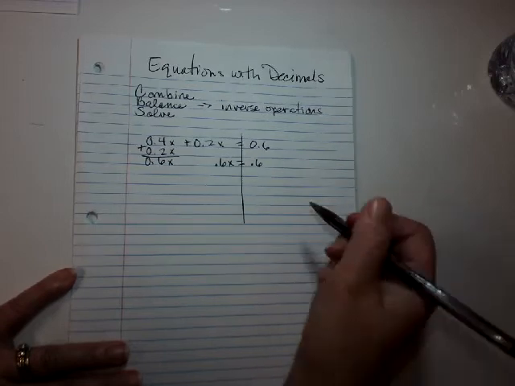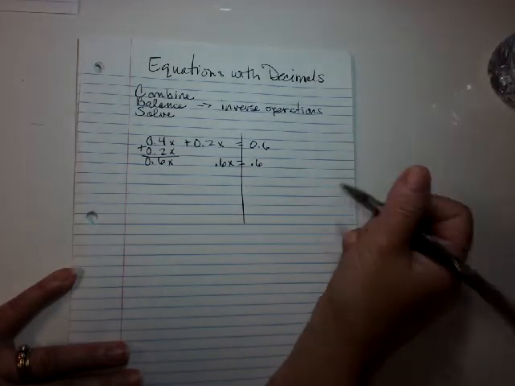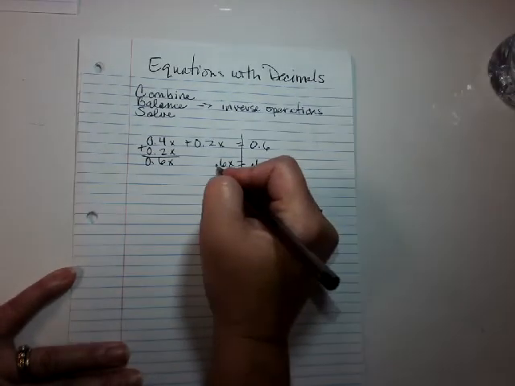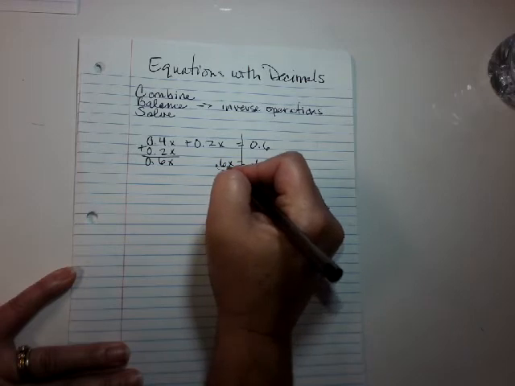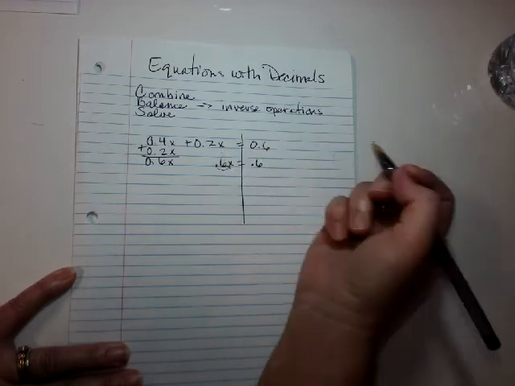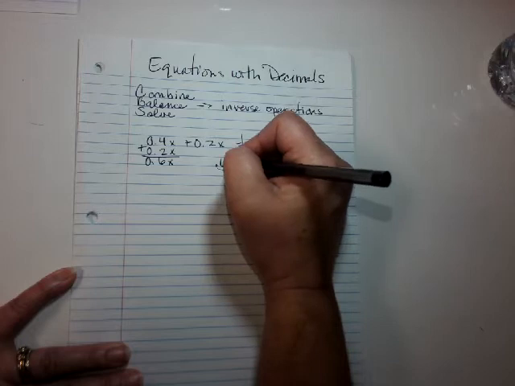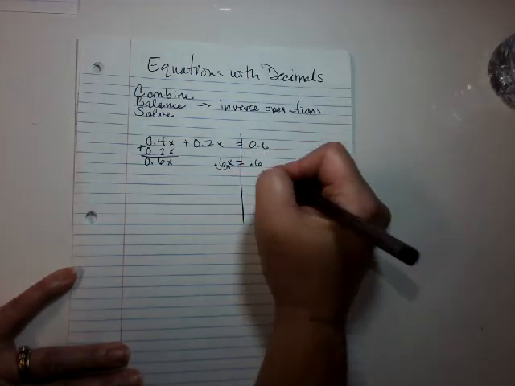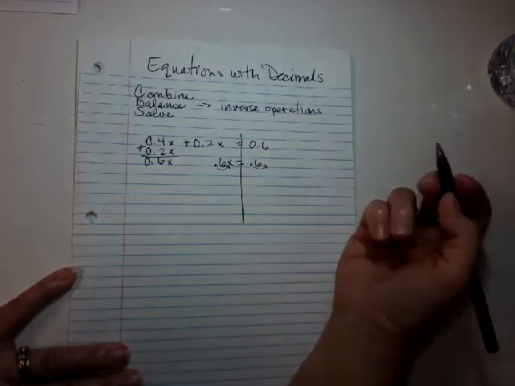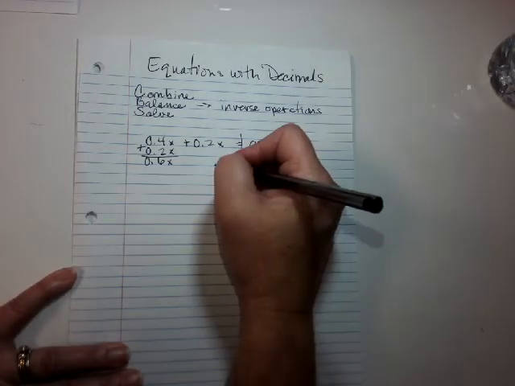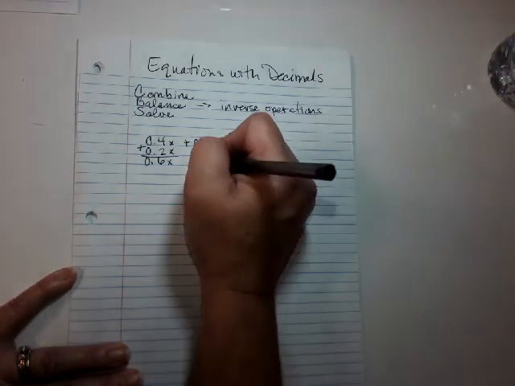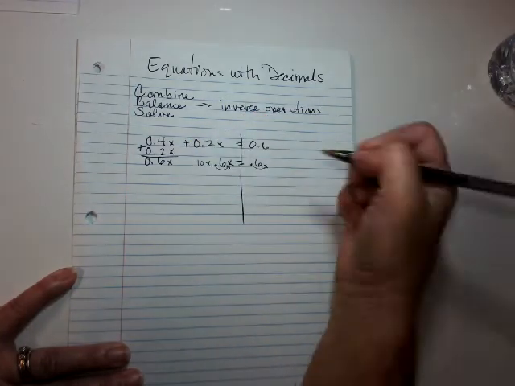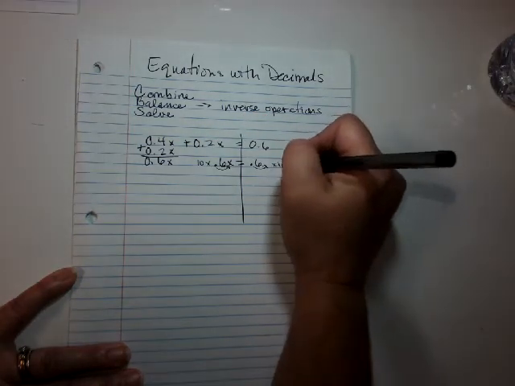I'm going to multiply both sides times 10. What I want to happen is I want this decimal to come over and be in front of that number, so it'll be a whole number. So what I do to this side, I'm going to have to do to that side, right? So if I multiply this times 10 and I do this times 10, it's going to work for us.